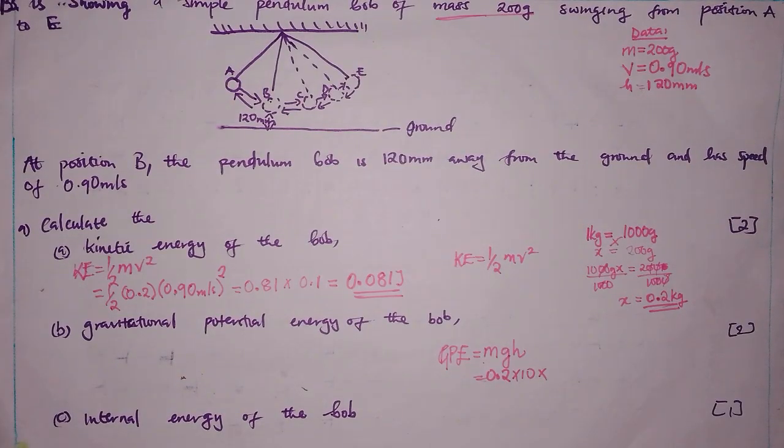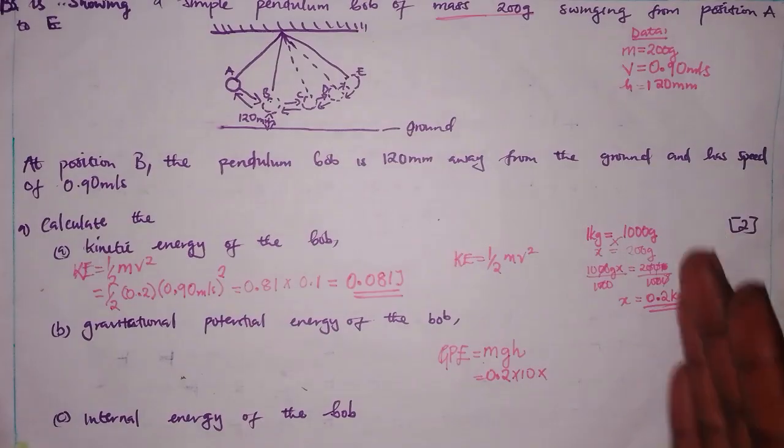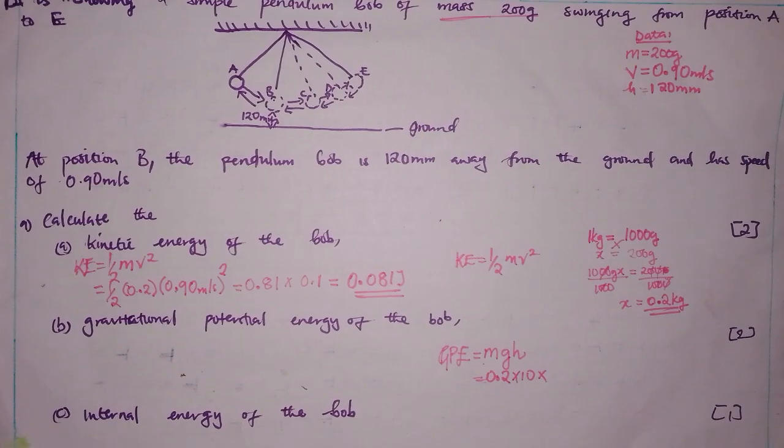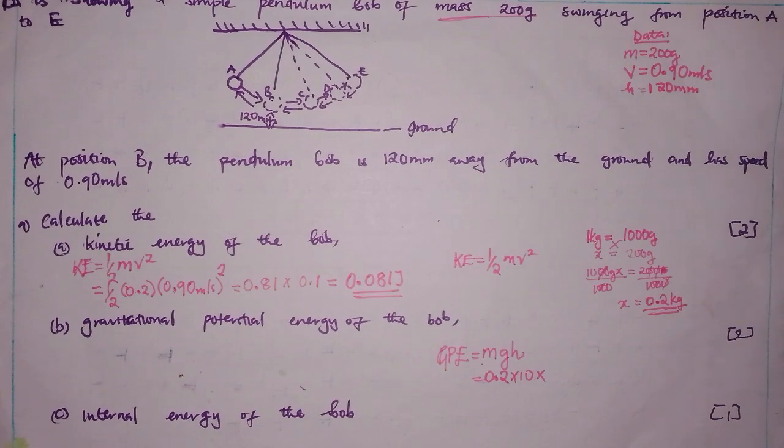But do not rush. Height should always be in meters. Distance, height should always be in meters. But in our question we have it in millimeter. So that's where the part for you came. You are supposed first to convert. If you want to pass physics, always start with the units.